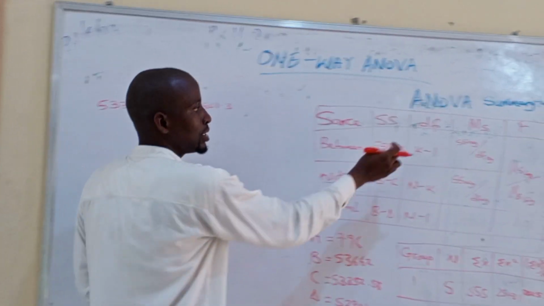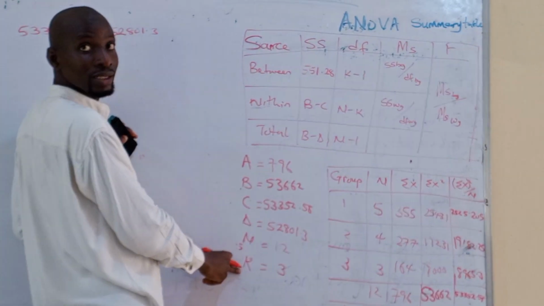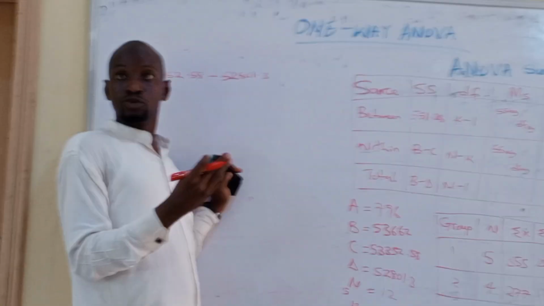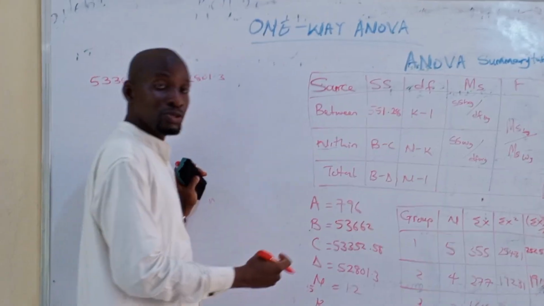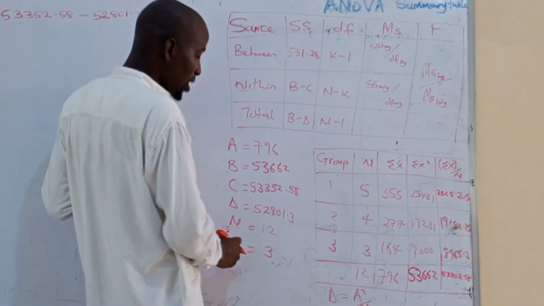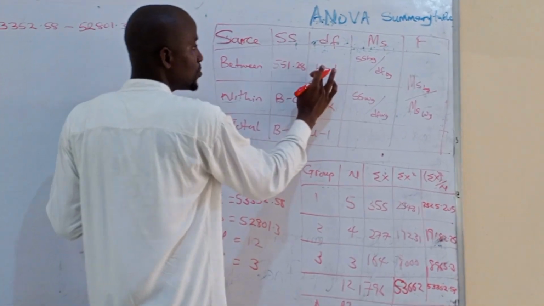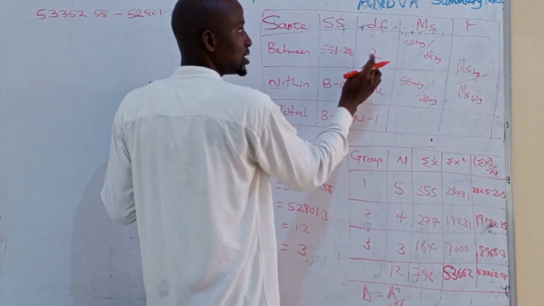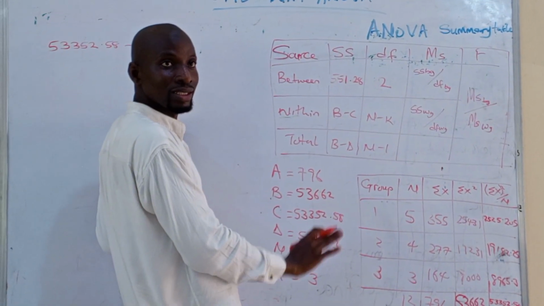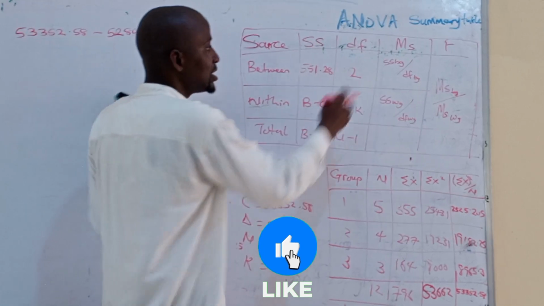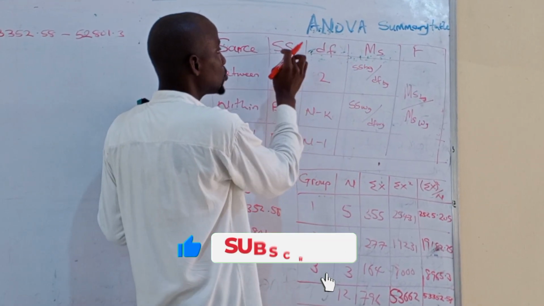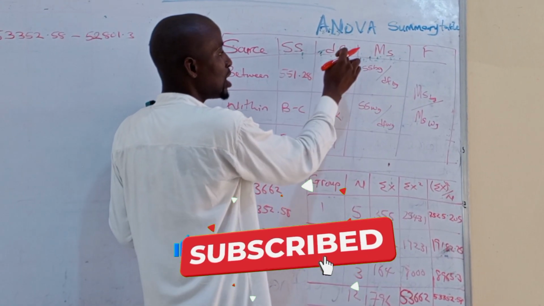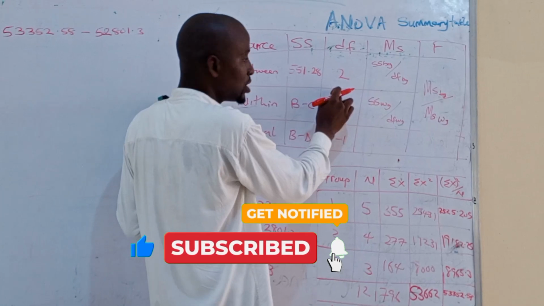Hands down. K is what? 3. K means number of group. So how many group do we have? 3. So if our K is 3, K minus 1 will be 3 minus 1, and that will give us 2. That one is gone.